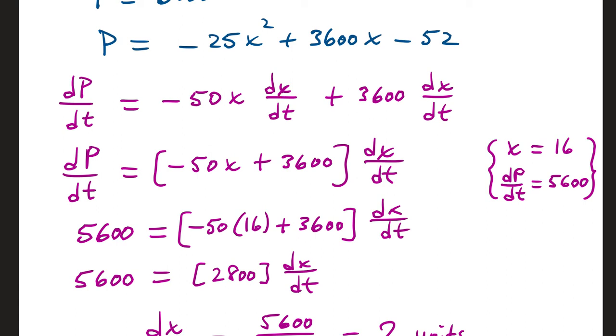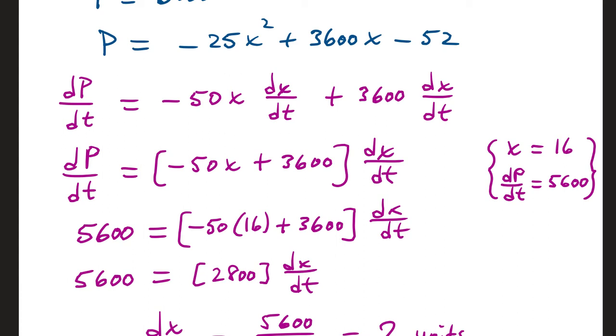Now, both of these terms have a dx/dt attached, and ultimately that's what we were asked to find. We were given the change in profit was $5,600. X equals 16. Both of these are found in the description of the problem.